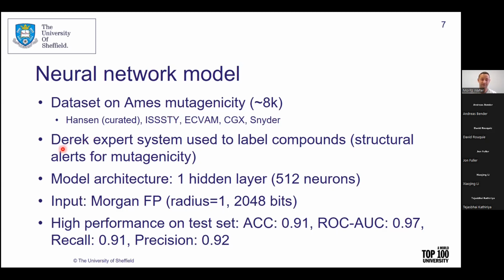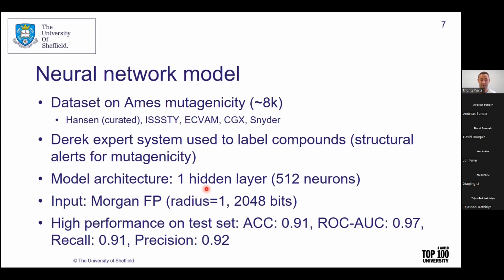Instead, we used the Derek software from Lhasa, which implements a range of structural alerts for mutagenicity. The advantage is that we're not dealing with any experimental uncertainty. We have clearly defined rules as a ground truth, which we can then compare to the explanations we obtain for the model.